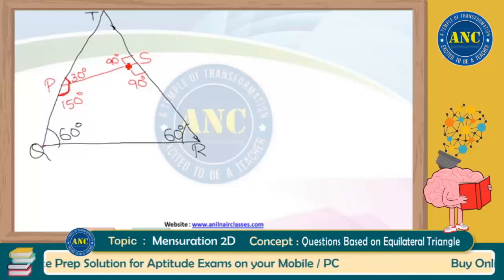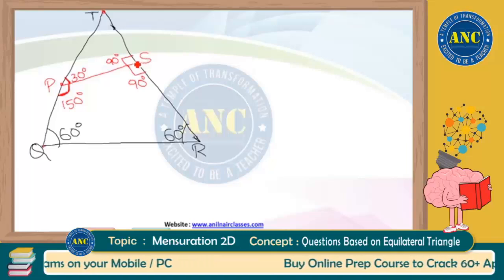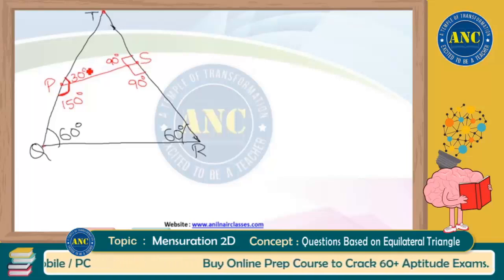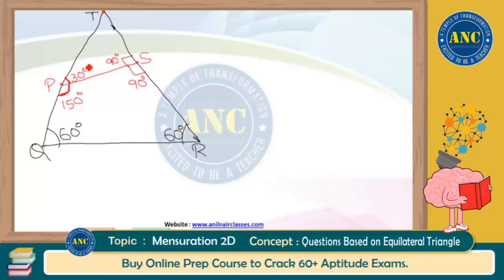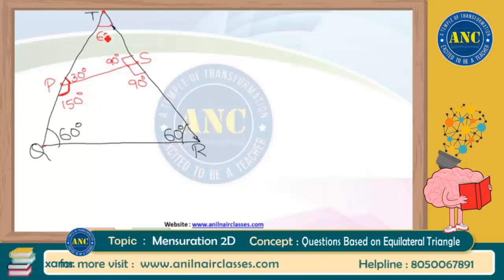Now, this PST is a triangle. Can I say that out of three angles in a triangle, where the sum of three angles is 180, one of them is 30, another is 90. 30 plus 90 is 120 over. That means angle T should be 60 degrees.